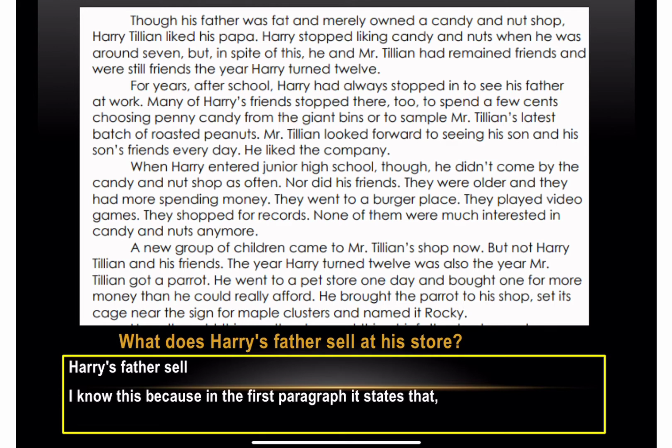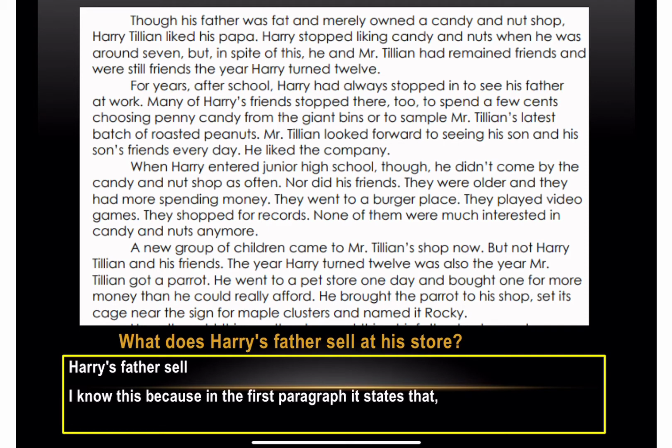Though his father was fat and merely owned a candy and nut shop, Harry Tillian liked his papa. Harry stopped liking candy and nuts when he was around 7, but in spite of this, he and Mr. Tillian had remained friends and were still friends the year Harry turned 12.